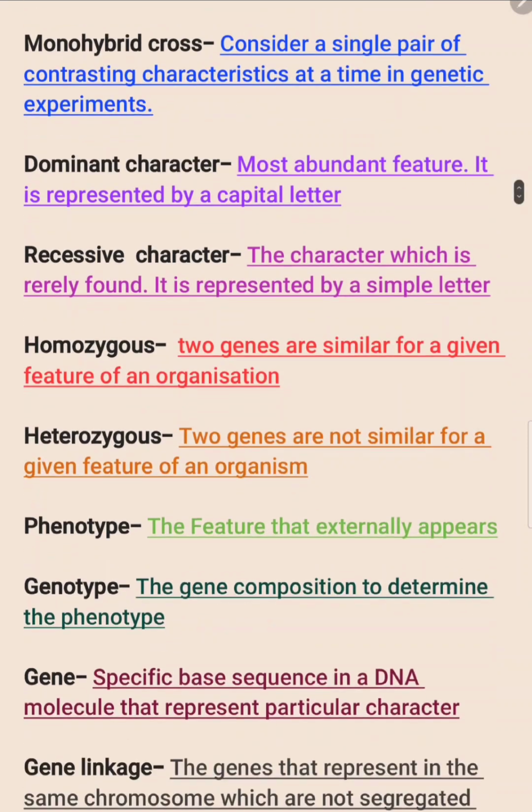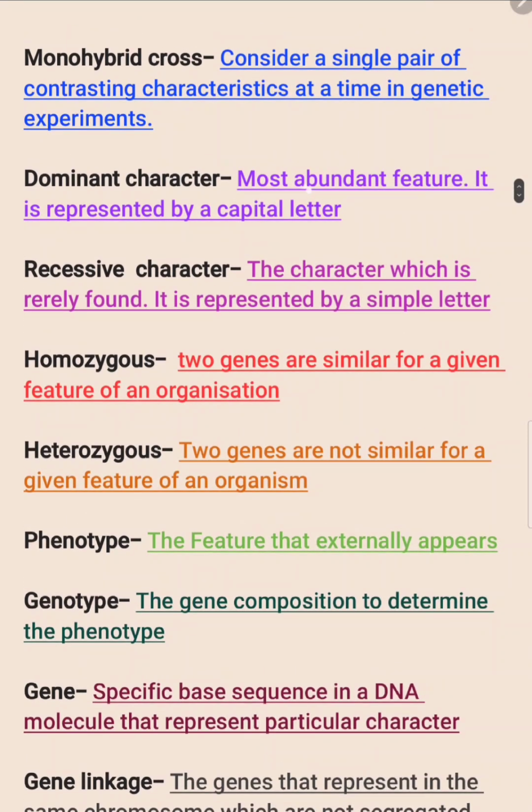The second one is the dominant character. The dominant character is the most abundant feature. When we are writing genetic maps, we have to represent the dominant character by a capital letter. The recessive character is the character which is rarely found.